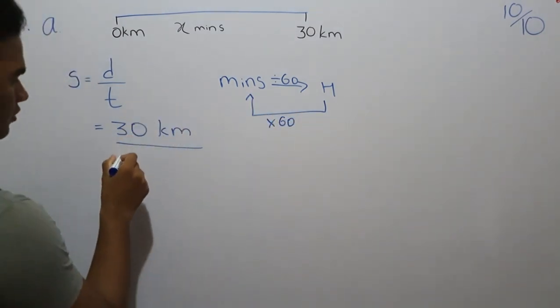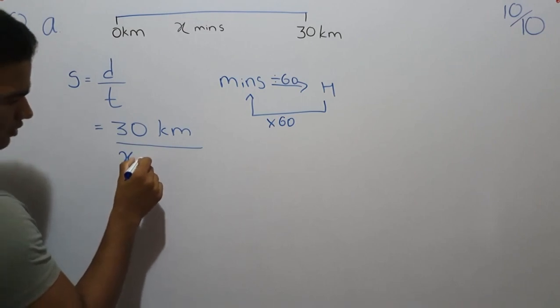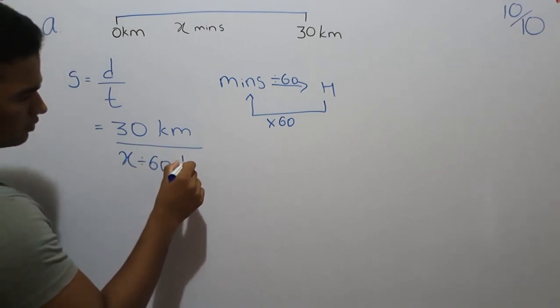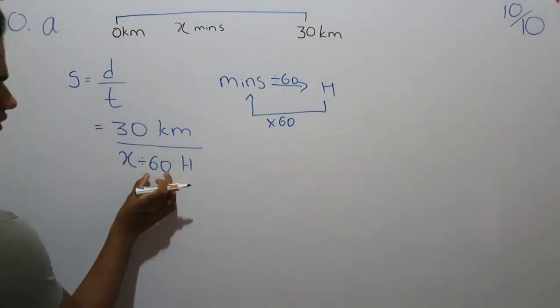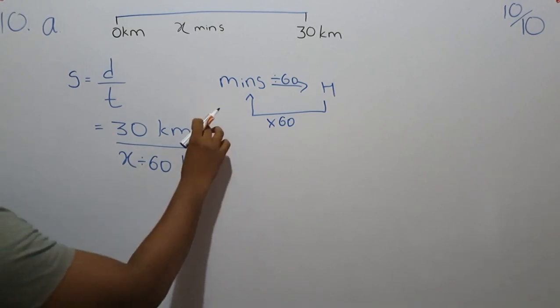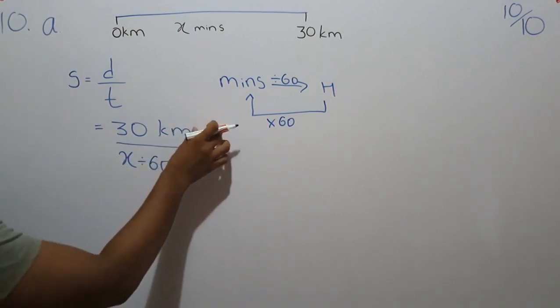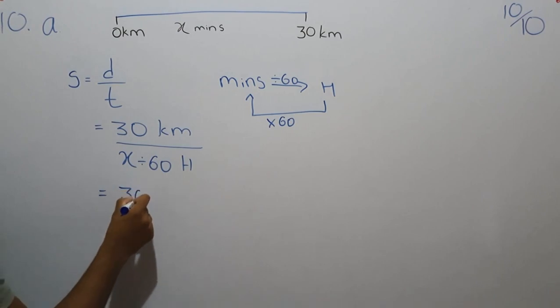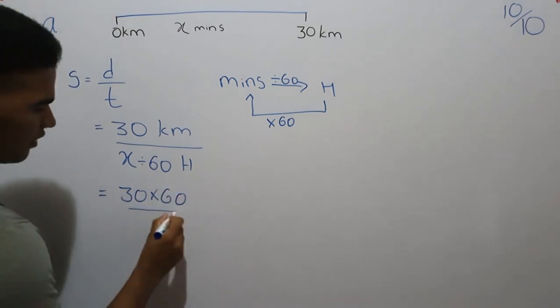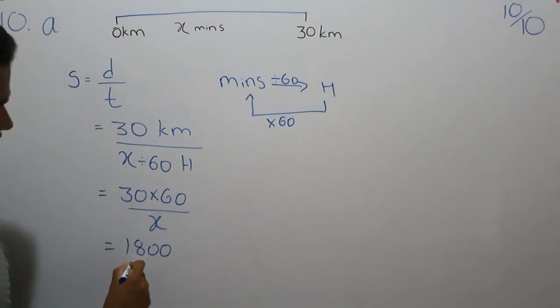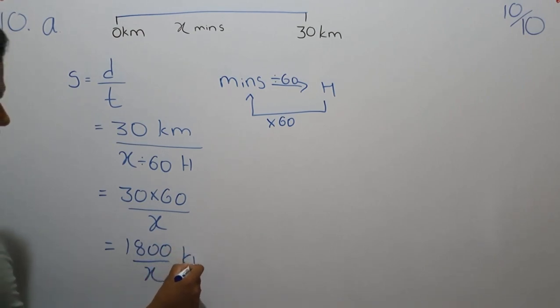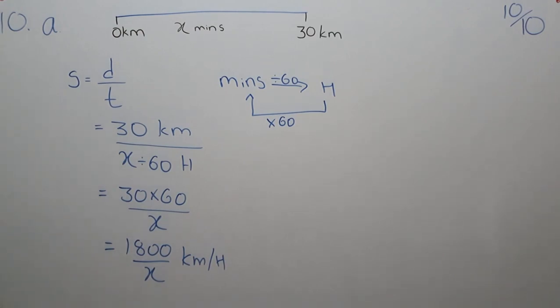So divide x by 60 hours. When you divide, this goes up when you take the reciprocal, so it becomes multiplication. So 30 into 60 divided by x. So the final answer is 30 into 60 is 1800 divided by x, kilometers per hour. This is our final answer.